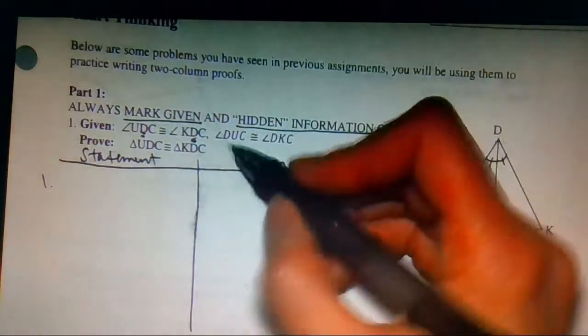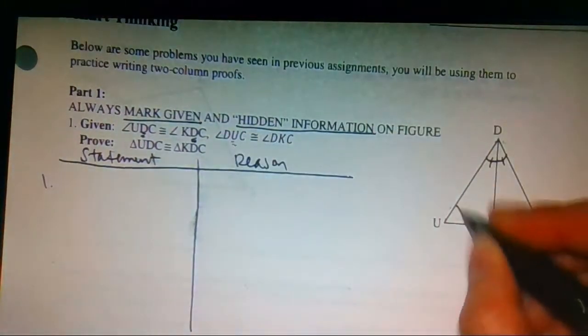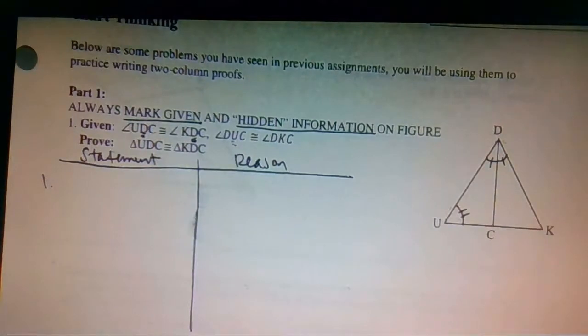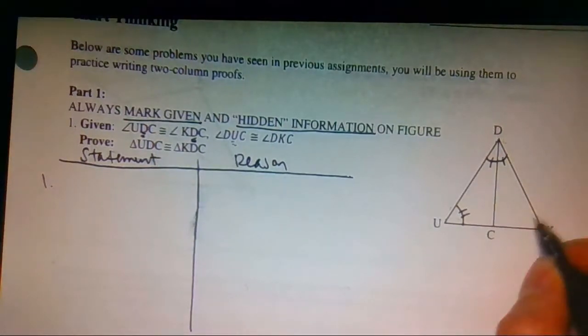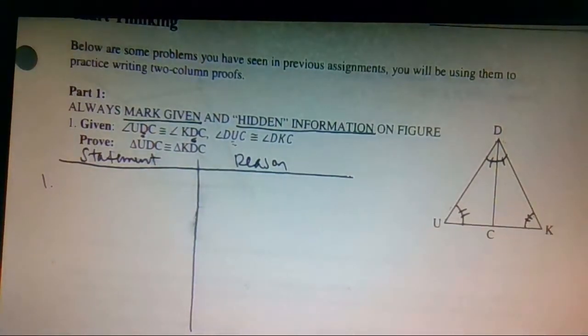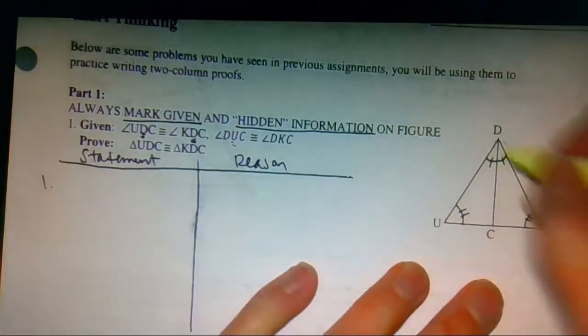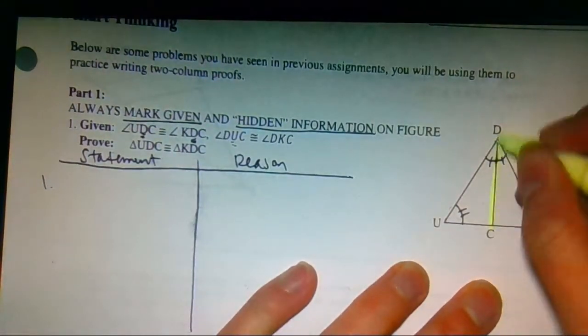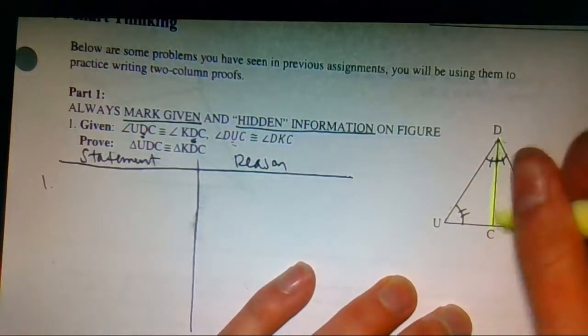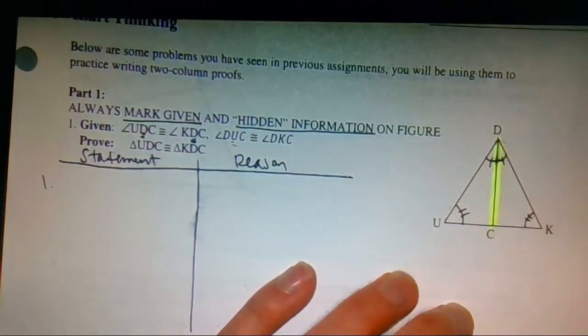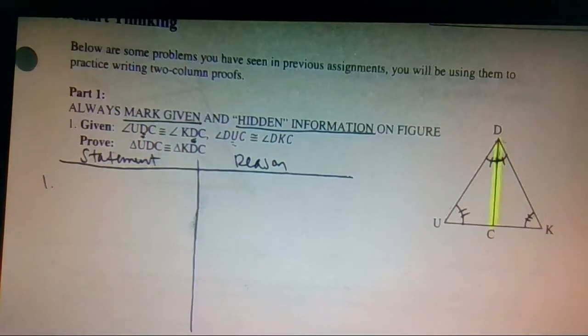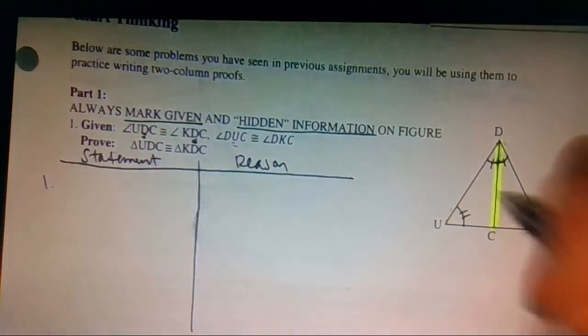DUC, so that's at U. Congruent to what? DKC, that's going to be at the K. What should I highlight? Reflexive, so highlight that please. Most of you have a highlighter. And how should I mark it? As a dash mark, good.